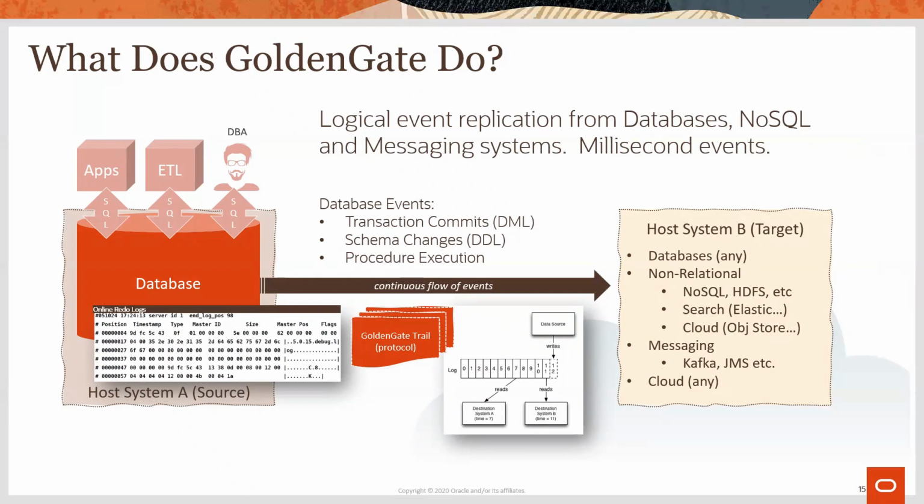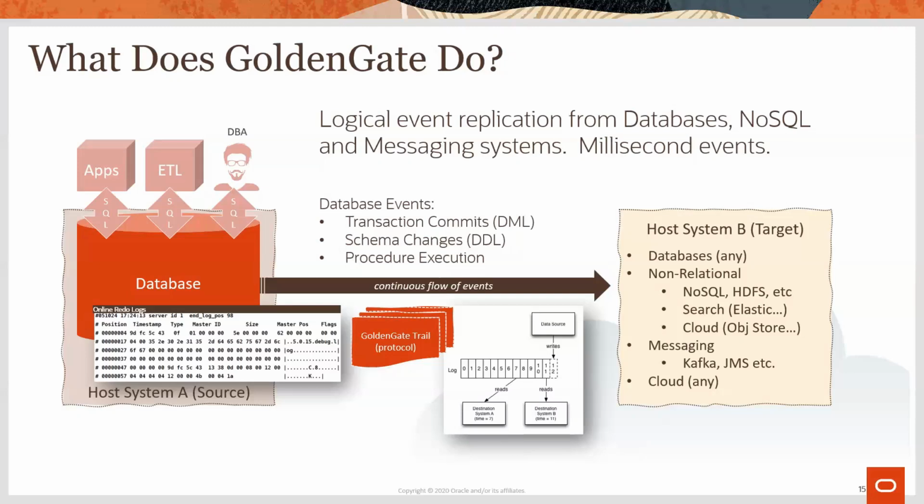And so in some academic communities, there's a discussion or a debate about what constitutes real-time: hard real-time versus soft real-time versus near real-time. GoldenGate is about as real-time as it gets when it comes to computing anything over the network.